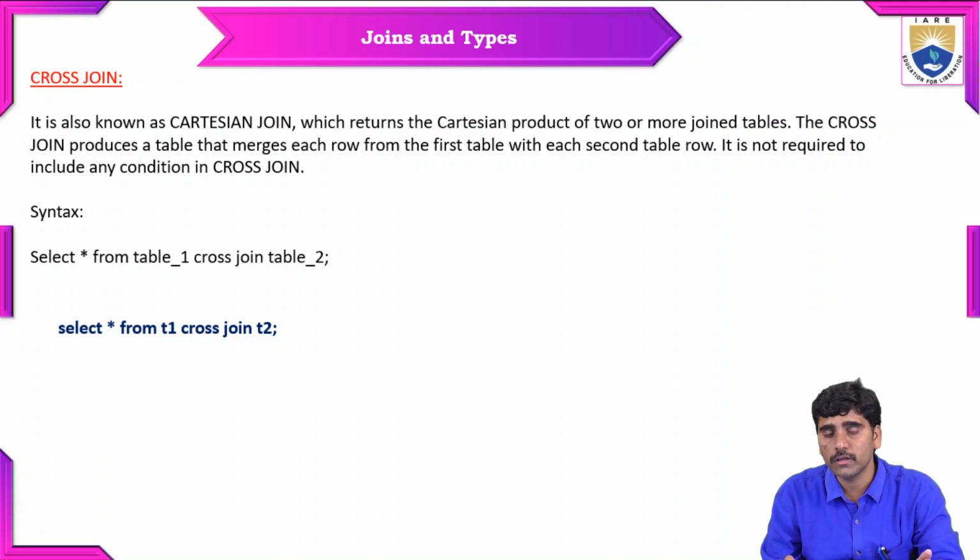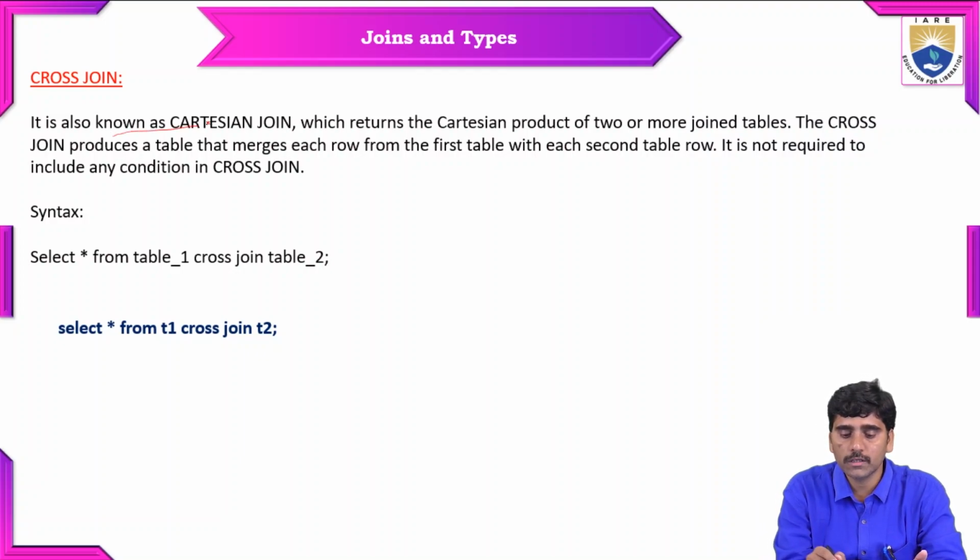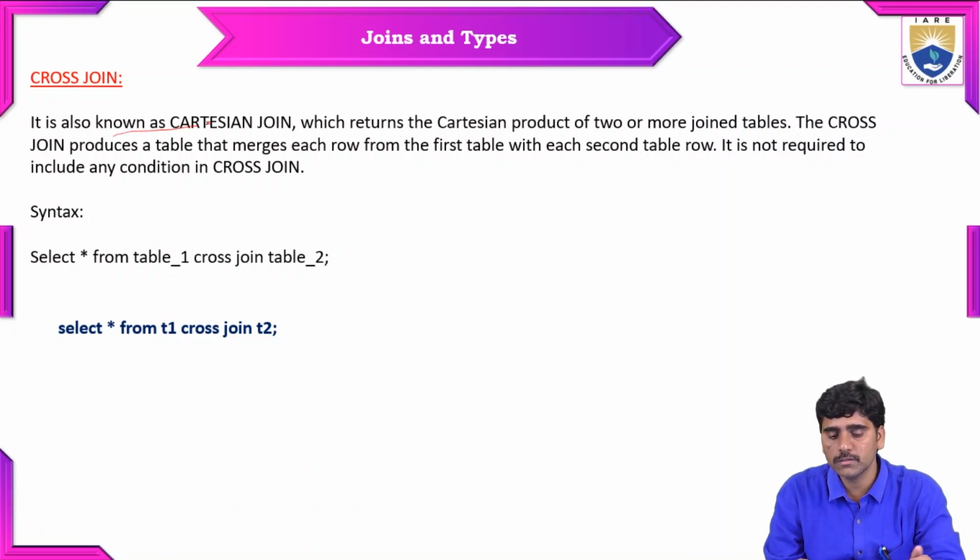Next, cross join. It is also known as Cartesian join, which returns the Cartesian product of two or more joined tables.